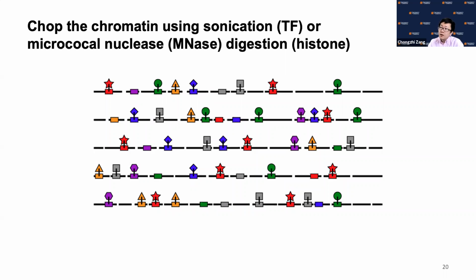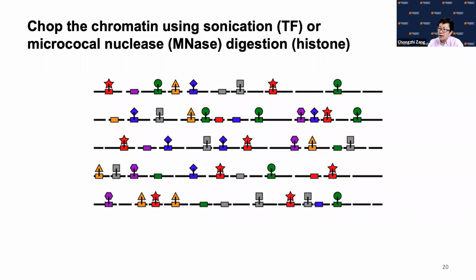And then we will chop the chromatin into small fractions using either sonication, usually used for transcription factors, or some enzymes, for example, micrococcal nuclease, to digest the whole chromatin. And micrococcal nuclease digestion is usually used for histone modification ChIP-seq.